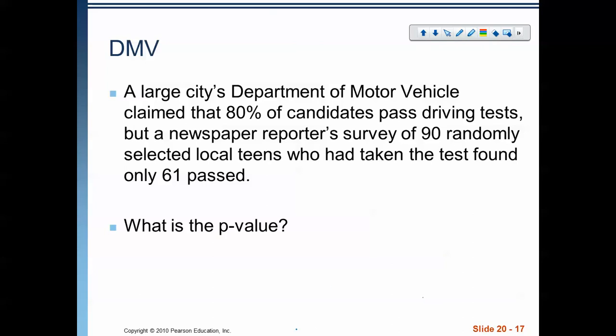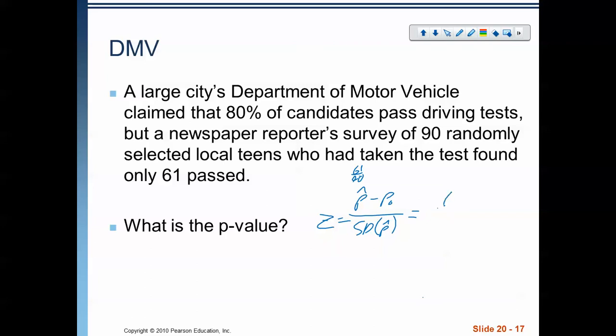So, the p-value is going to be, essentially I'm going to start calculating a z-score. Okay, so remember, z equals p hat minus p sub 0 all over the standard deviation or the standard error of p hat. So this is going to be p hat, which is 61 over 90. Let's actually find that decimal though.